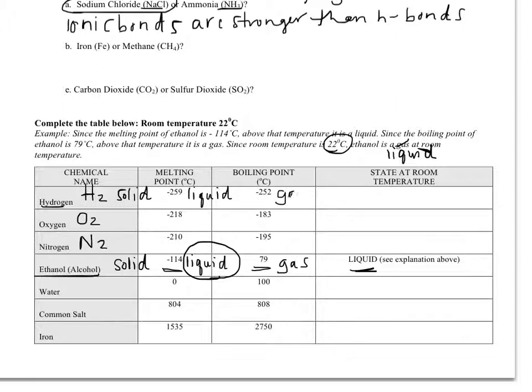Weird to think about, right? And it's going to become a gas. So 22 degrees Celsius, at room temperature, is way higher than negative 252. So it's definitely going to be, by the time we get to 22 degrees Celsius, a gas. And some of you might know that hydrogen is certainly a gas at room temperature.